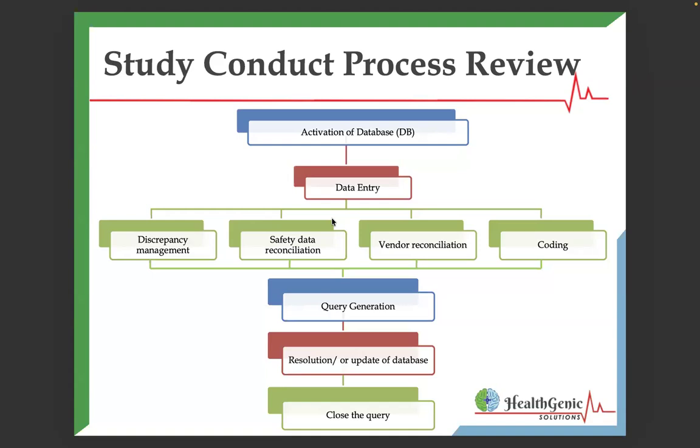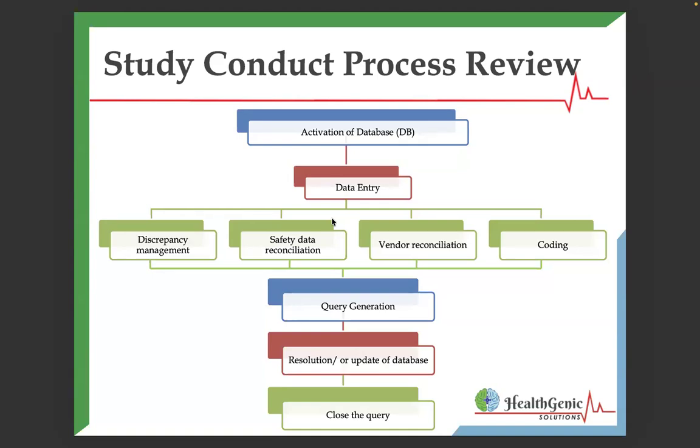For example, we are going to check with data discrepancy management, and discrepancy is nothing but any errors, any mistakes, any missing information, or any data that is not entered completely.